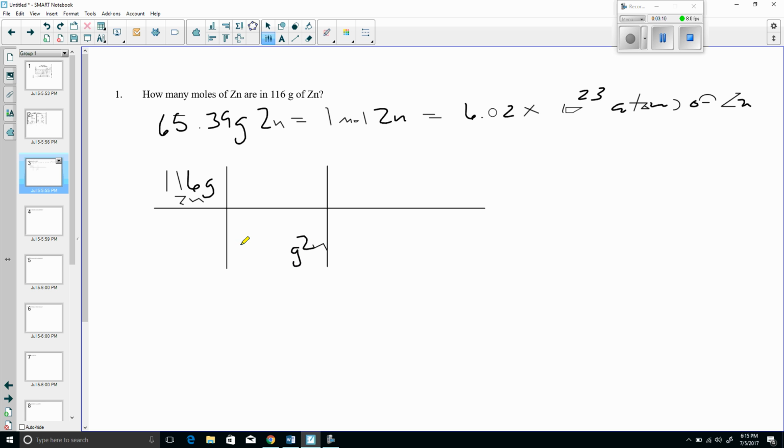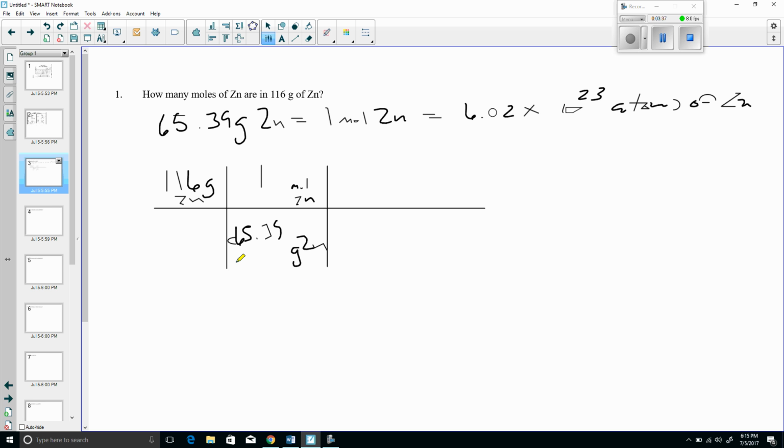So we have grams of zinc, and we're wanting to convert to moles of zinc. If we were going to convert to atoms, we could go from grams directly to atoms, but we're going to moles because that's what the problem asks us to do. So we'll put moles of zinc. And by definition, we know that 65.39 grams of zinc equals 1 mole of zinc.